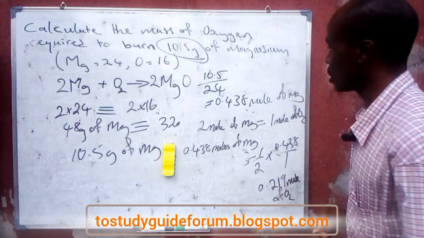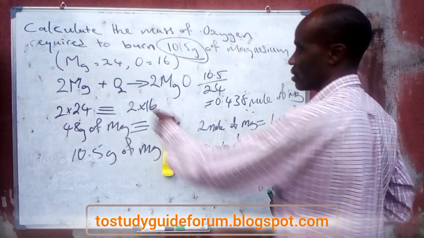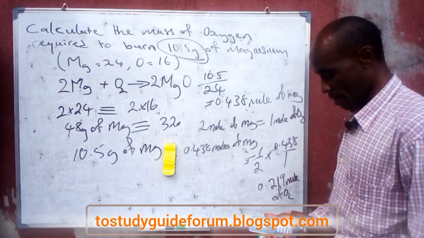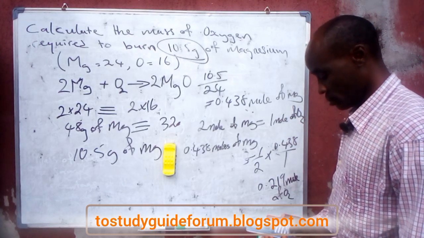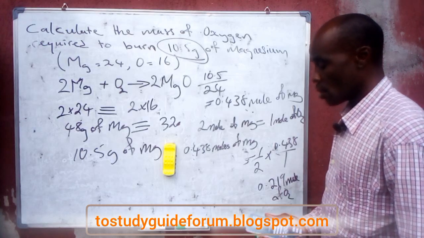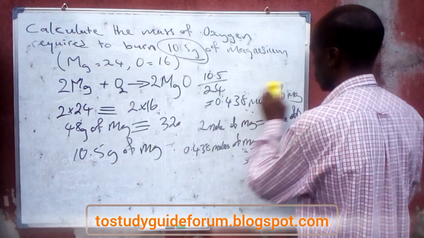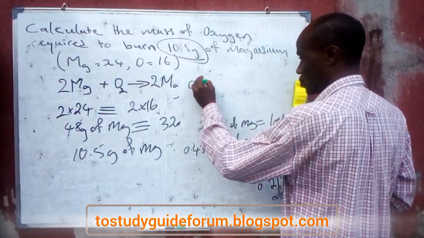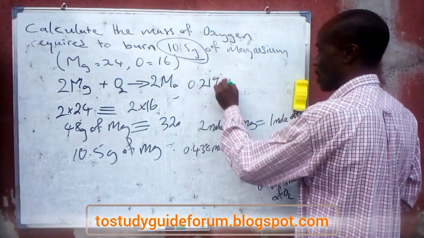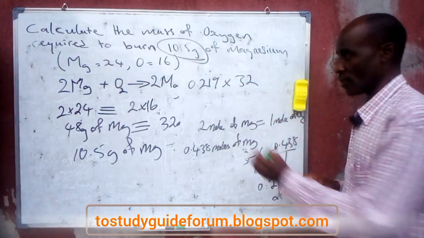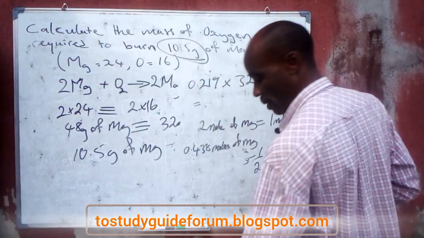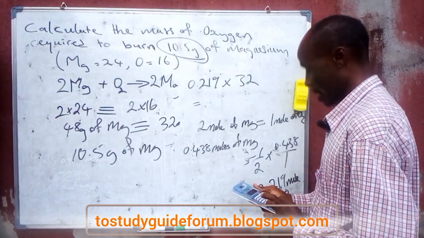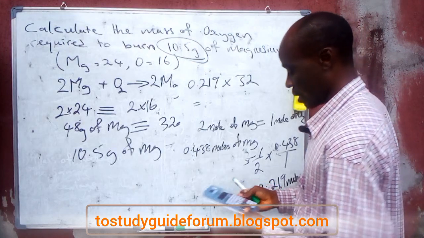The next thing we are going to do is to convert it by multiplying by the molar mass of oxygen. So 0.219 multiplied by 32, which is the molar mass of oxygen.